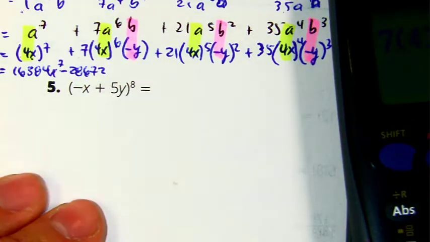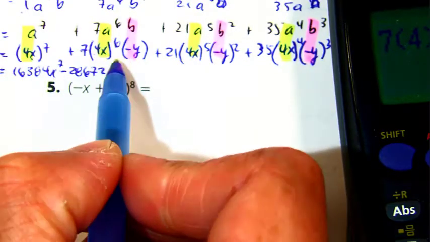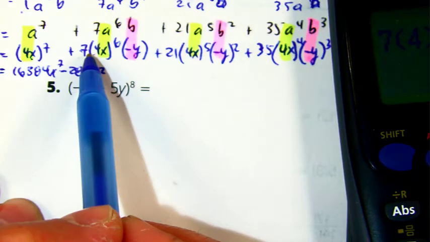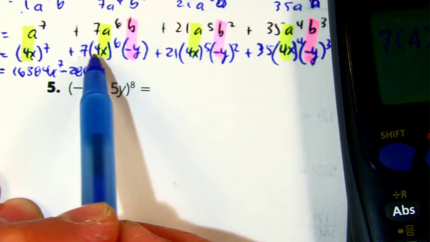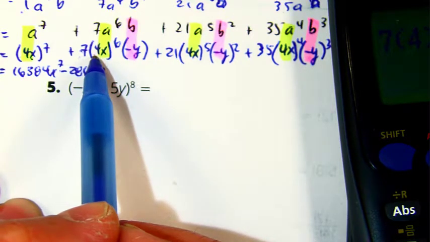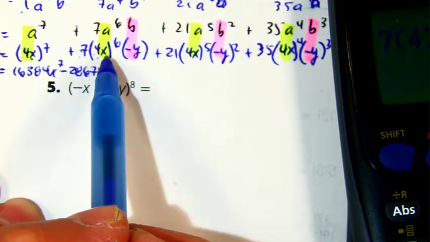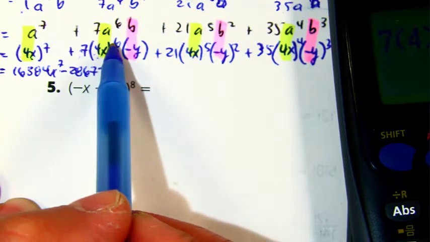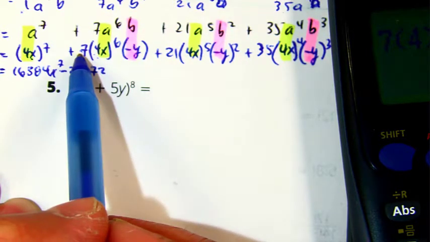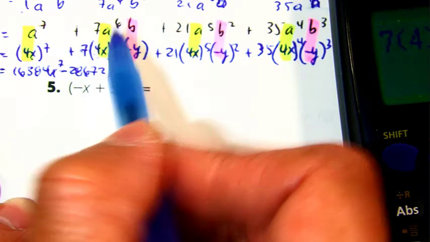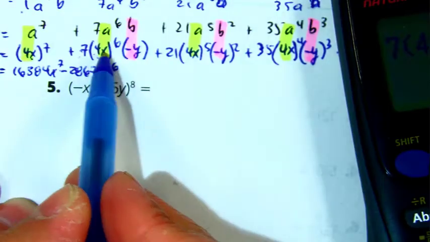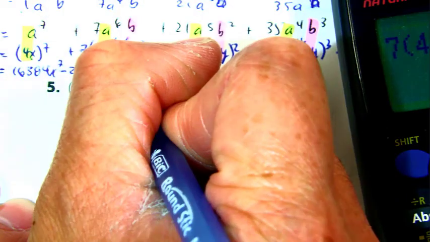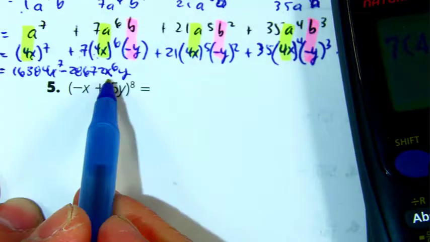That's what 7 times 4 to the 6th power times negative 1 is. A common mistake here is to write 7 times 4. Remember, 7 times 4 is not the order that you go in. You go by PEMDAS: parentheses, then exponents, then multiplication. This would be x to the 6. And then when you get to the second variable, you're just going to write y. So it'll always go in alphabetical order: x's and then y's.